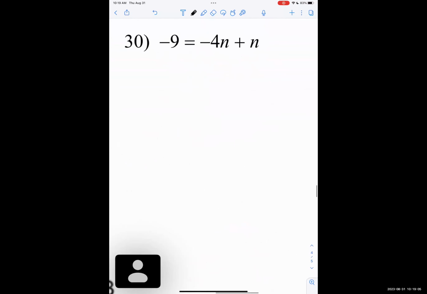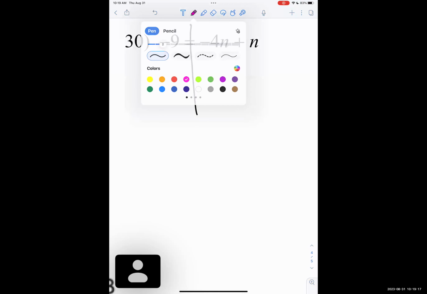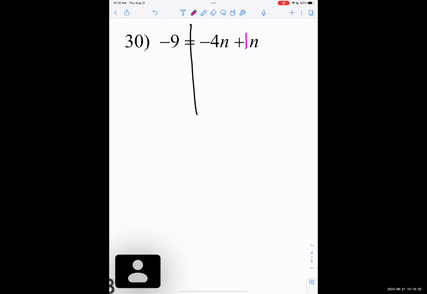Let's do this one. I'm going to put an invisible 1 right there. Okay, combine like terms.